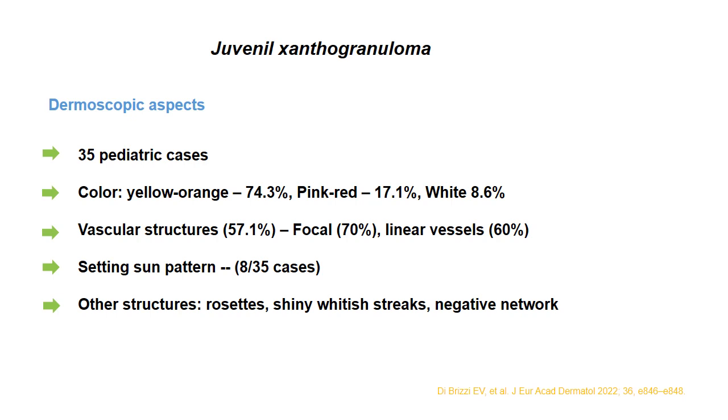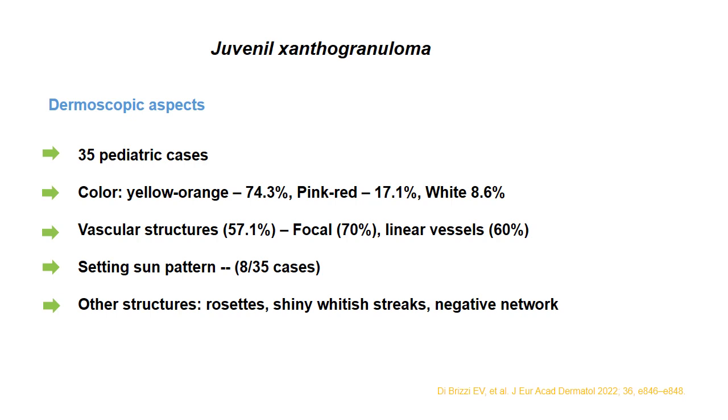In this recent report, 35 pediatric cases were reviewed. Color was indeed important. 75% of the lesions had a yellow to orange color, but pink to red and white were also present. 57% of the cases had vascular structures, most of them distributed focally, and linear vessels were the most common.